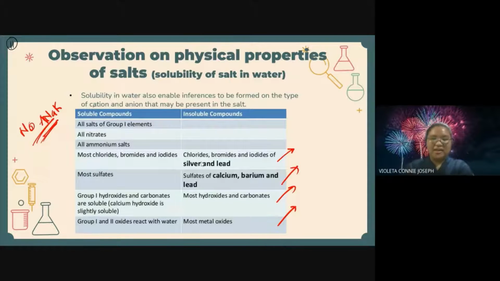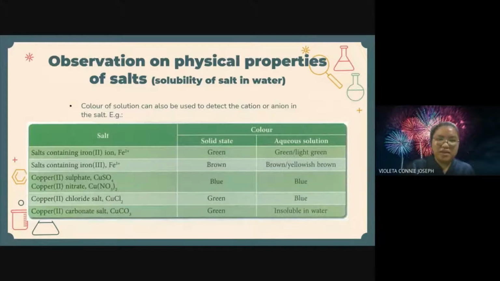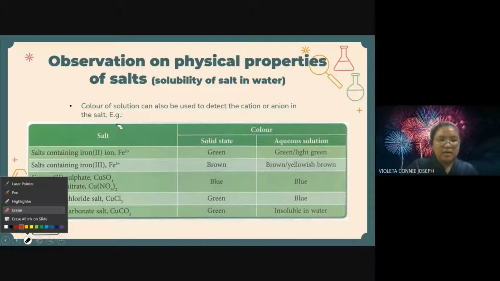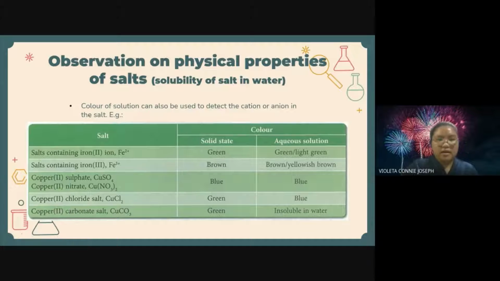But there is also another way to see, which is through the color of solution. Alright, so as you can see from earlier, there are salts of Fe2+, Fe3+, and also copper.